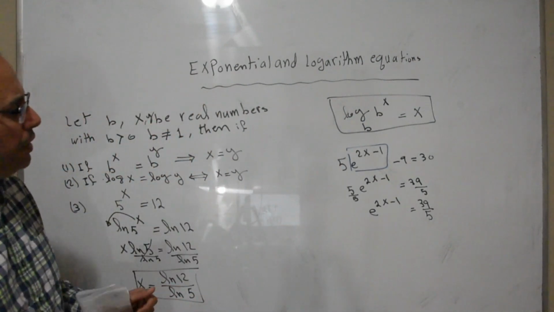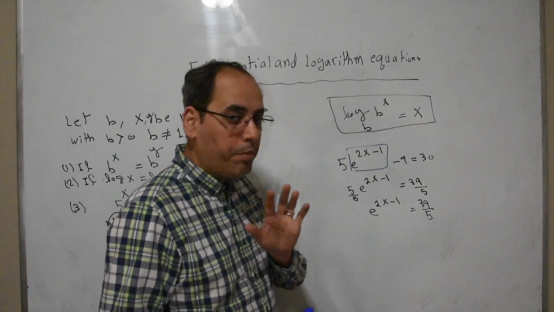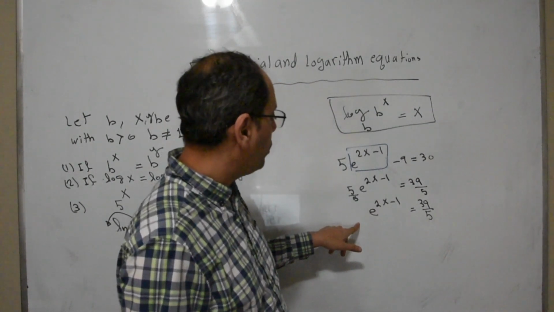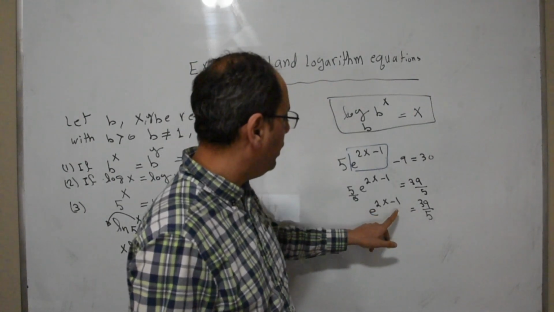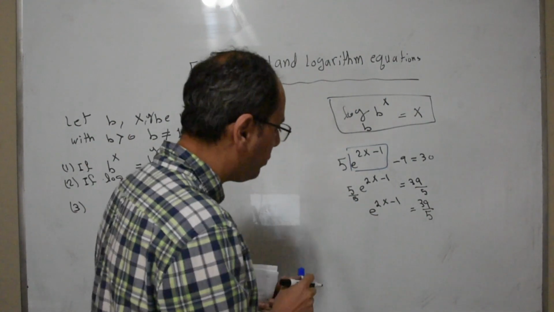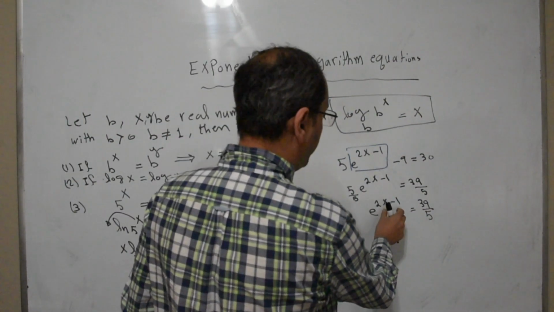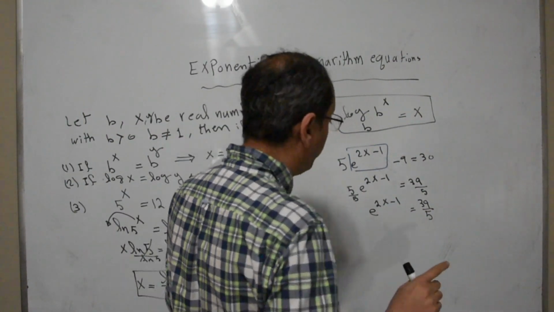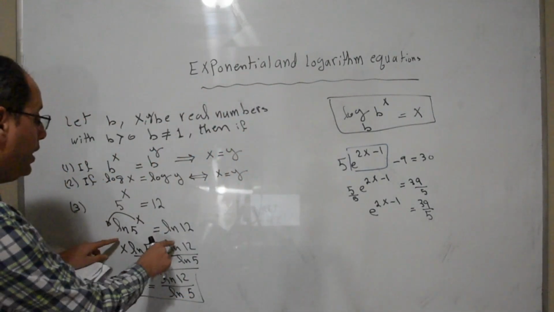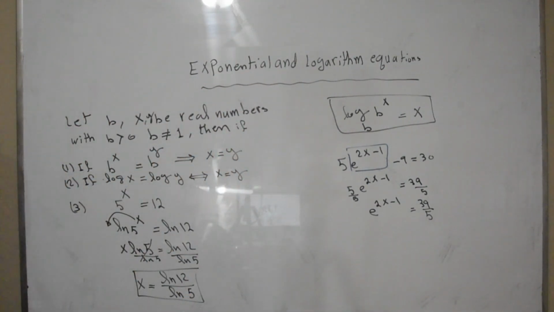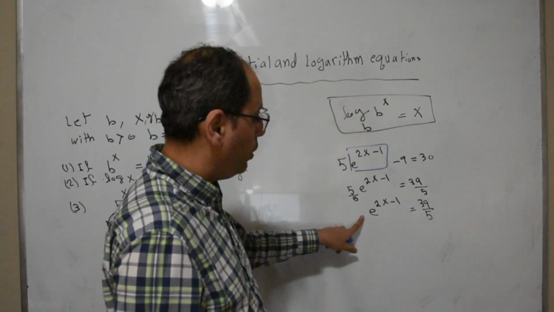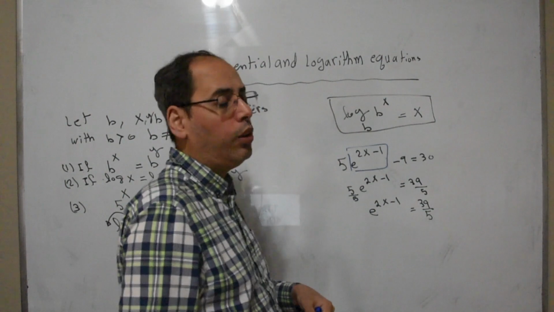So why did I do that? Because basically I want to use the power rule. But you can't use the power rule in this case, so you need to isolate this one. Okay, so now I can use the power rule, but in order to use it, I have to use the natural log. Here's the thing: would I use natural log or log?